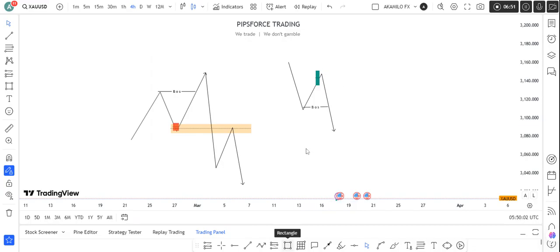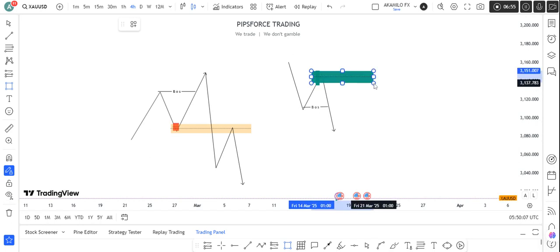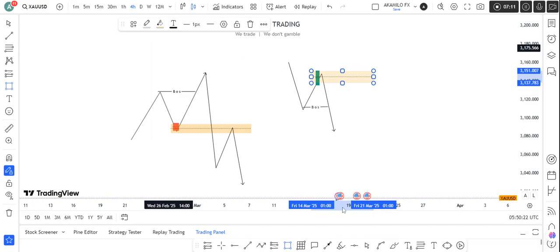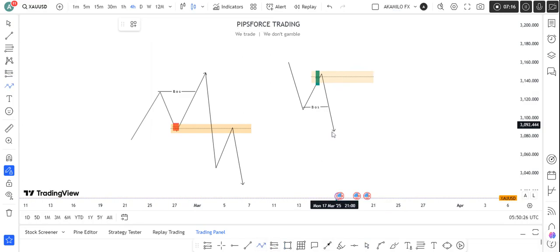So in this case, you can see that at this level, we'll be expecting price to hold if price is retracing backward. We'll expect price to hold on this order block, trace back to this level, and then we continue bearish.